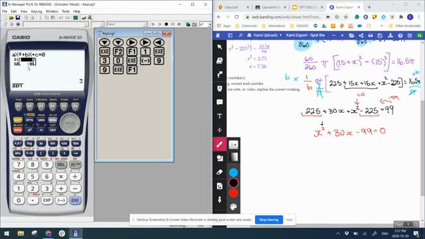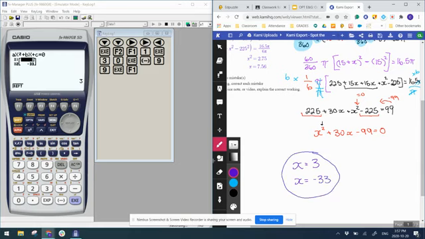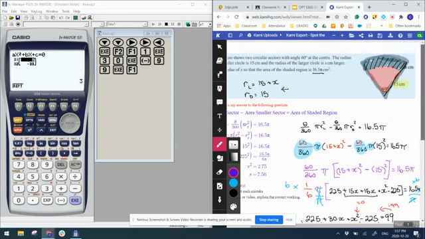And you can see it gives us our two values of x's. So x equals 3, or x equals negative 33. However, only one of these really makes sense. Because if this was negative 33, then our circles don't exist.